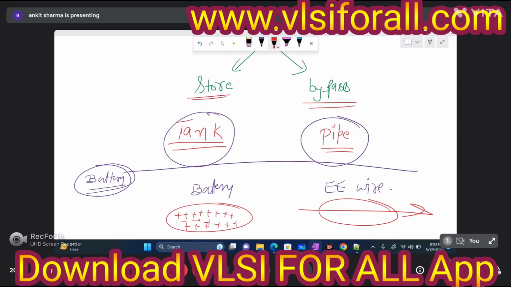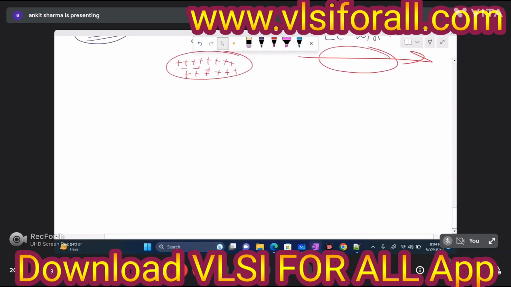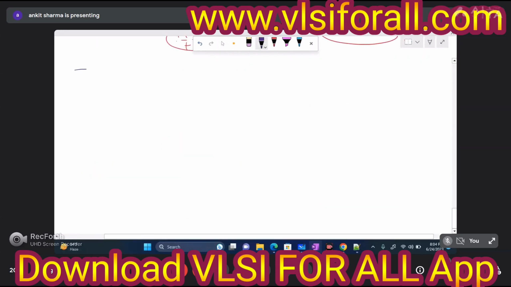An electric wire does not have its own charge. It does not have its own current. An electric wire can be used to bypass the charge, but a battery can store charge. The tank at a petrol pump can contain petrol, but the pipe cannot contain. The pipe can only be used to transfer, to bypass. Okay, so there are two types of container: one is storage, one is bypass mainly.